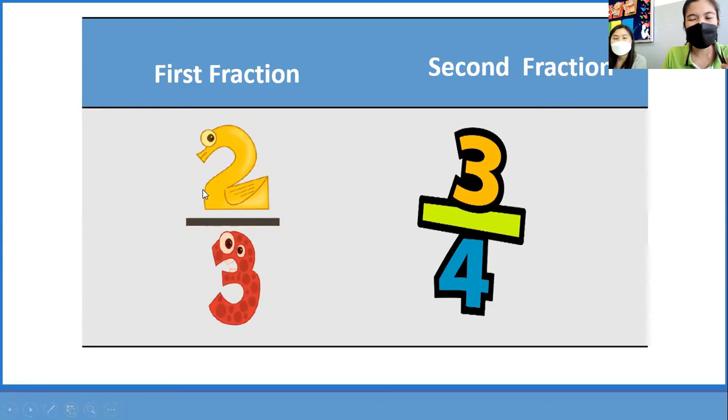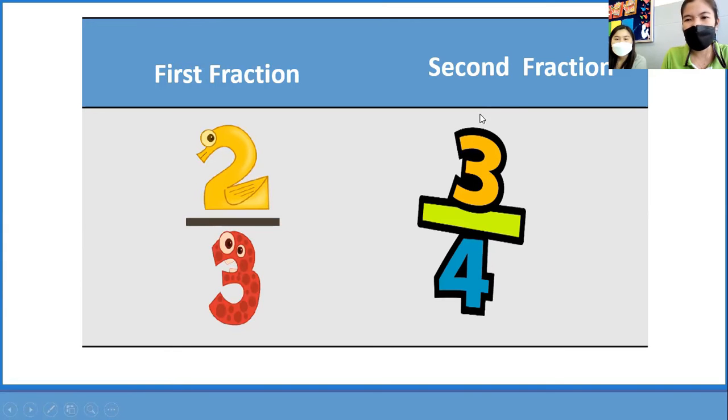And what is the numerator in the first fraction? 2, that's right. What about the denominator in the first fraction? 3, that's right. And if you read this one, this is 2/3.